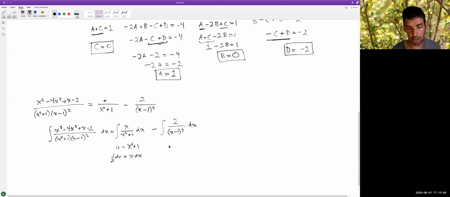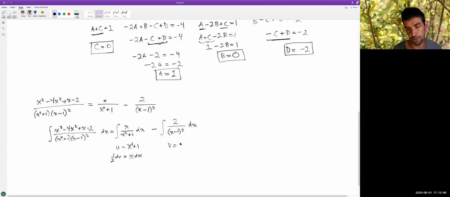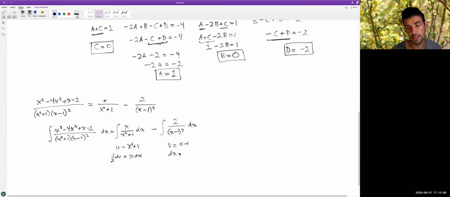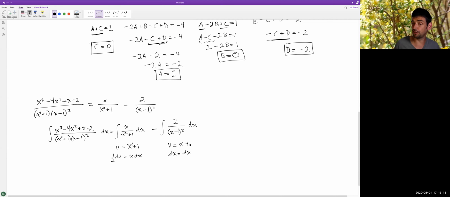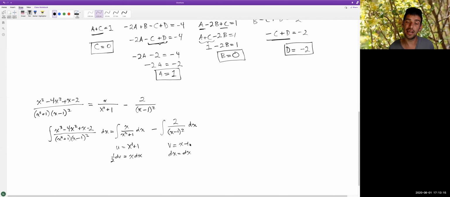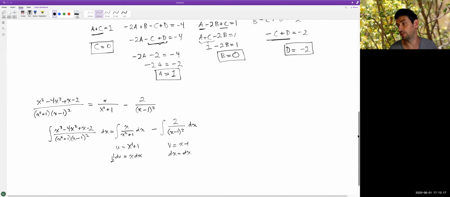And over here, I'm going to use the substitution v is equal to x minus 1, so dv equals dx. This is a simple enough substitution. If you've been practicing substitution a lot, you may not even need to use it here, but it's fine to use it if you want to.